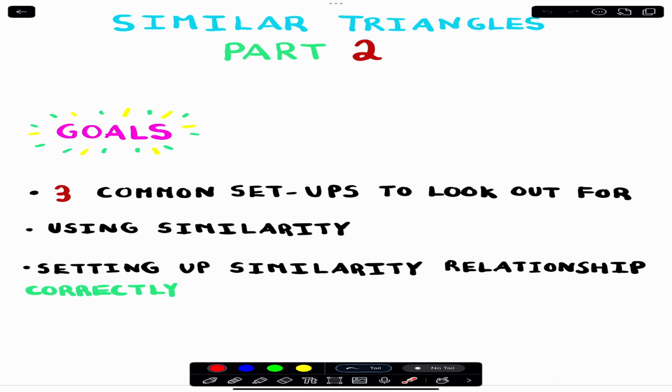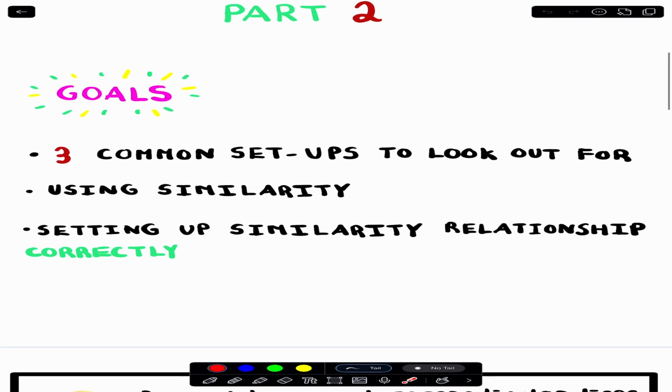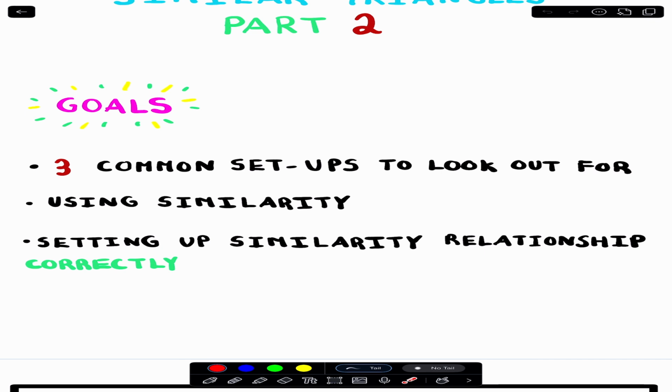We're going to get more practice actually using similarity and, most importantly, setting up this similarity relationship correctly. Because as I said before, if we don't set it up correctly, then we're going to solve for the wrong thing and get the wrong answer in the end. That is not what we want. So let's set it up correctly.